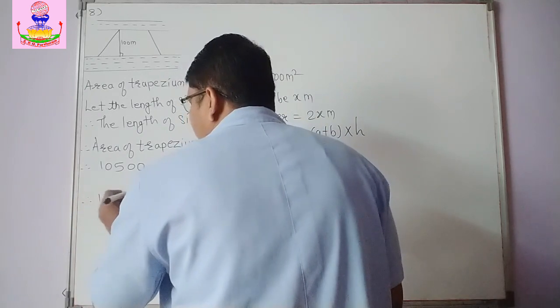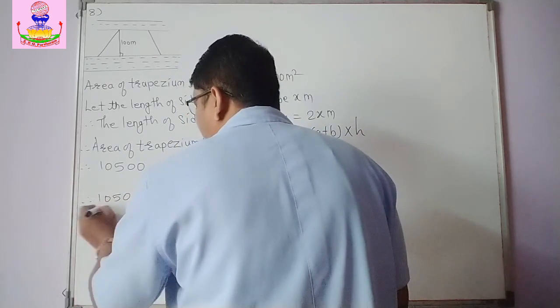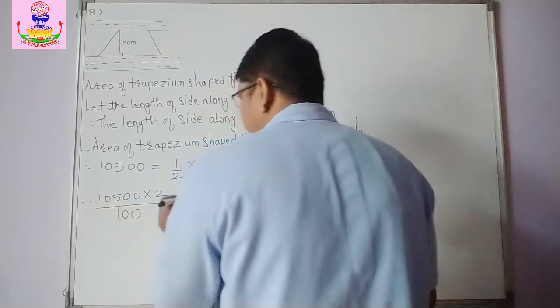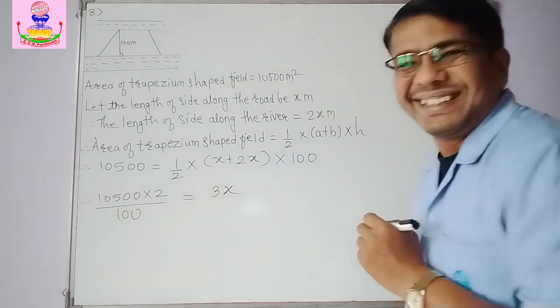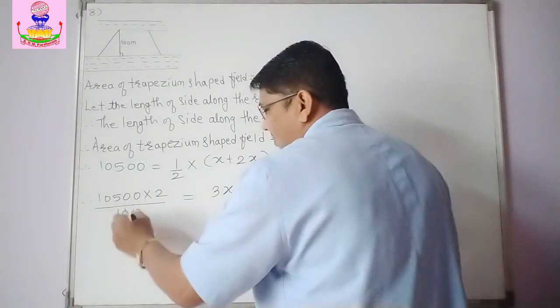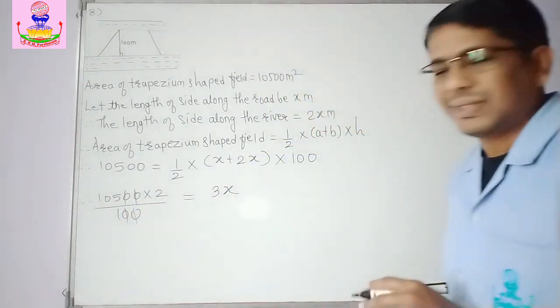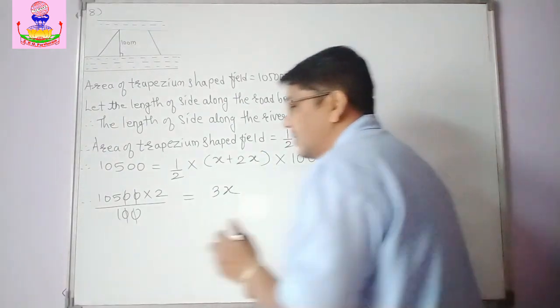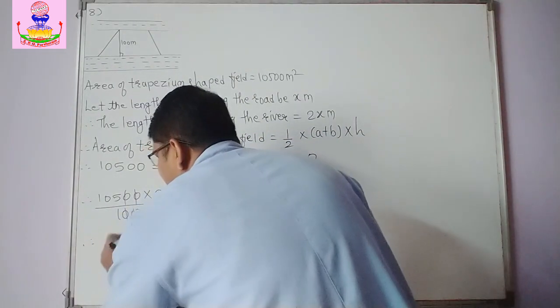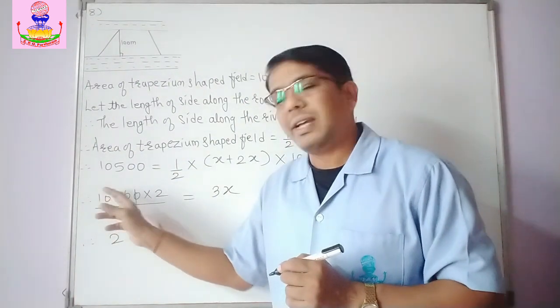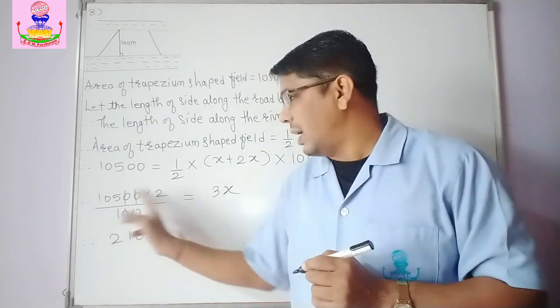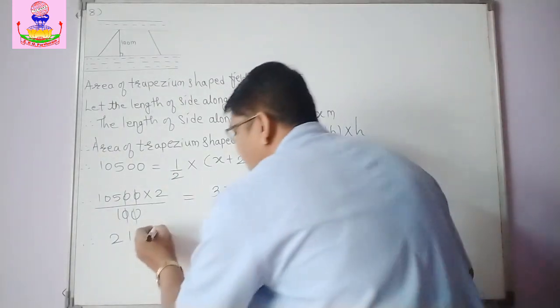So therefore, 10,500 into 2 upon 100 is equal to x plus 2x, 3x. Now see, 2 zeros get cancelled. And 105 into 2, that is 210. 2 5s are 10, 0, 1 carry on, 2 0s are 0, 0 plus 1, 1, and 2 1s are 2.